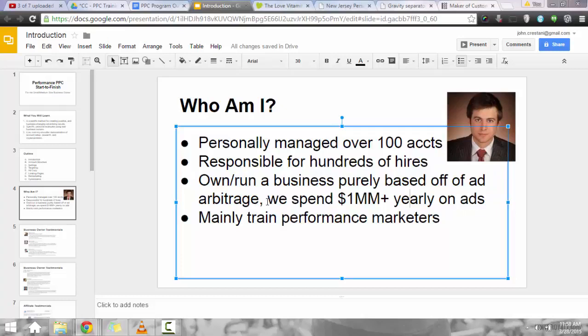We don't own any products. We buy advertising for clients, and we do it on performance metrics, so we're just doing arbitrage, and we spend over $1 million a year on ads.